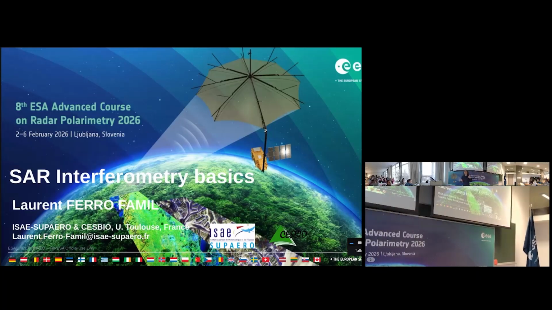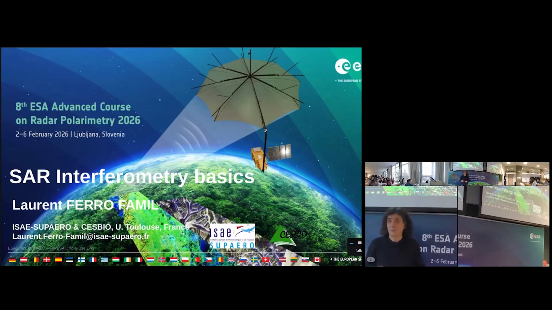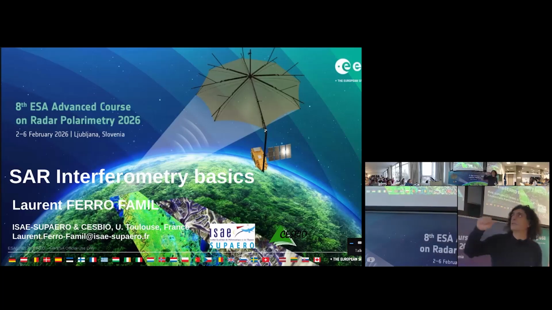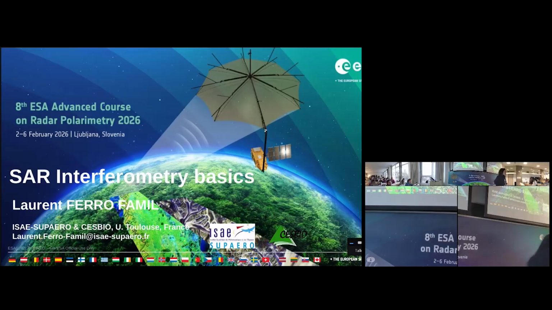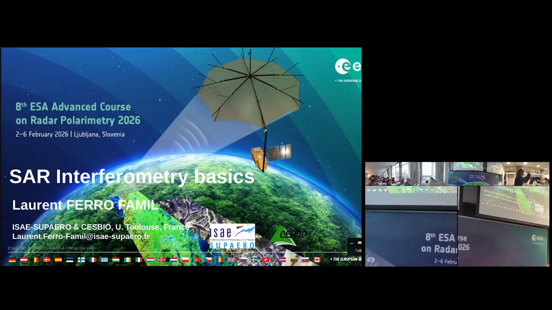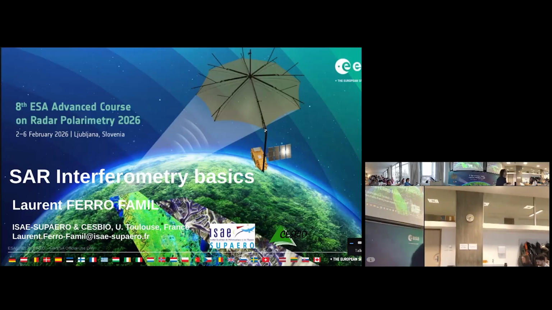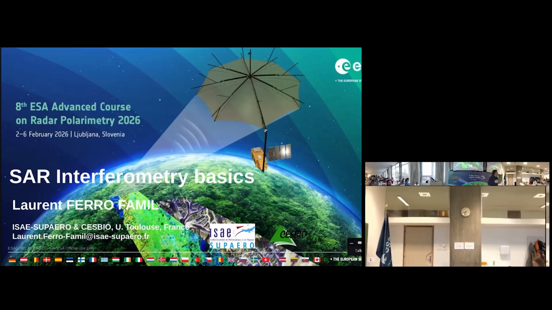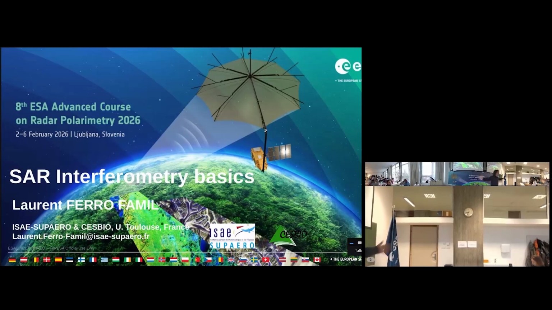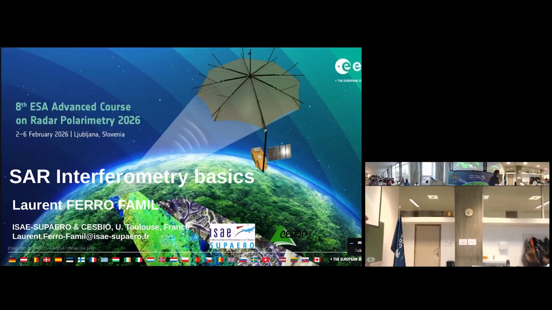There are some books. If you need some references, I have references I can give you, not written by myself, but by colleagues. For instance, on SAR interferometry, there is a fantastic 25-page paper written by Bamler and Hartl, and it is the reference for everybody. They made a summary of what was known on this topic at a given date.